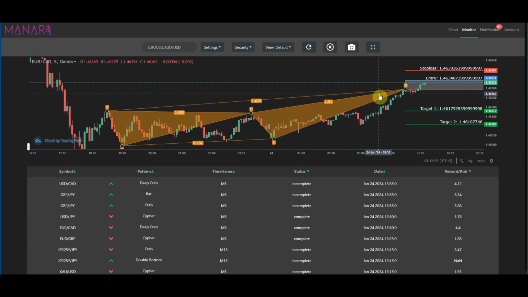So that's my pitch on the Manara tool. It is helpful, but you need to also learn about the markets, learn about yourself, understand risk management, do the whole lot, because just one element isn't going to make you successful in pretty much anything you do, not just trading.